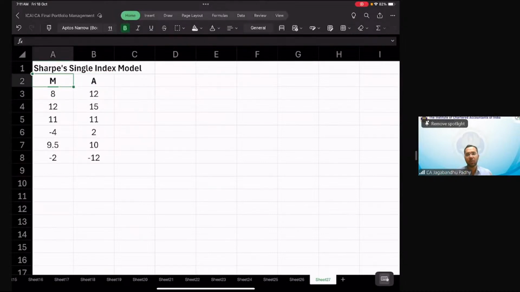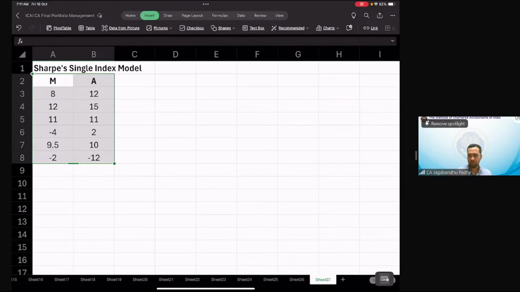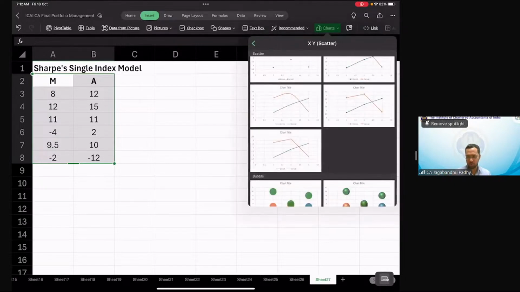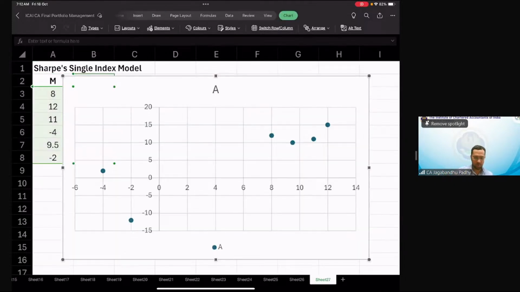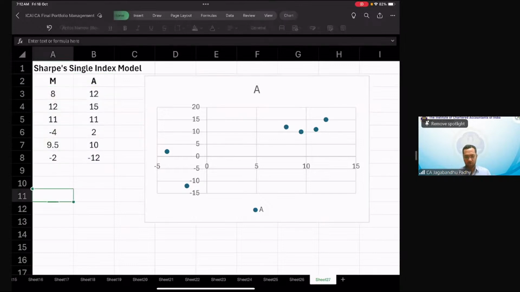So what do we really do in regression? What is the task that we try to do in regression? First, let me show you what a scatter plot would literally look like. So this is what the scatter diagram really looks like, right? The relationship between the security A and the market, that's how this scatter diagram looks.